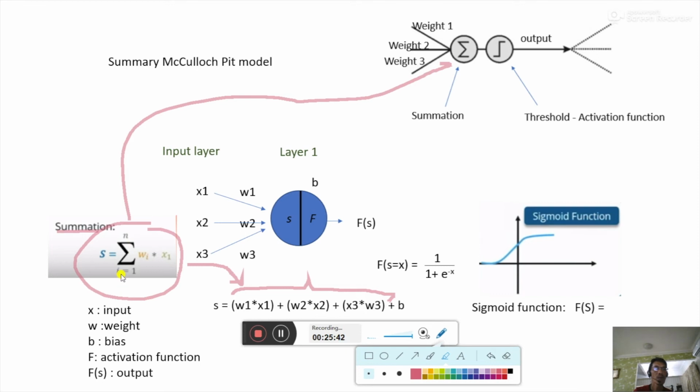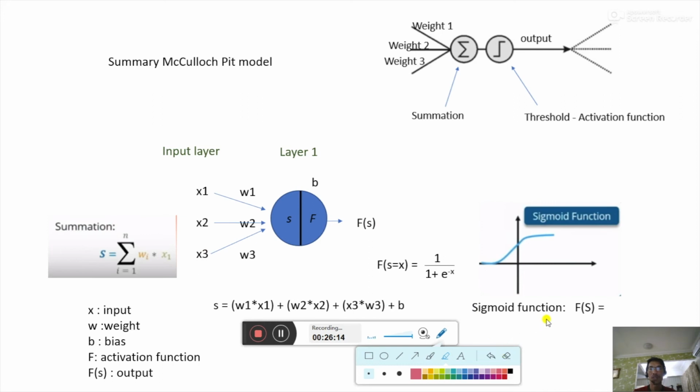So i is equal to 1, i is 2, i is 3. In this case you've got 3, so n is 3. n means you can have many: 1, 2, 3, 4, 5, 6, 7 until n. In this case n is equal to 3. Got it?